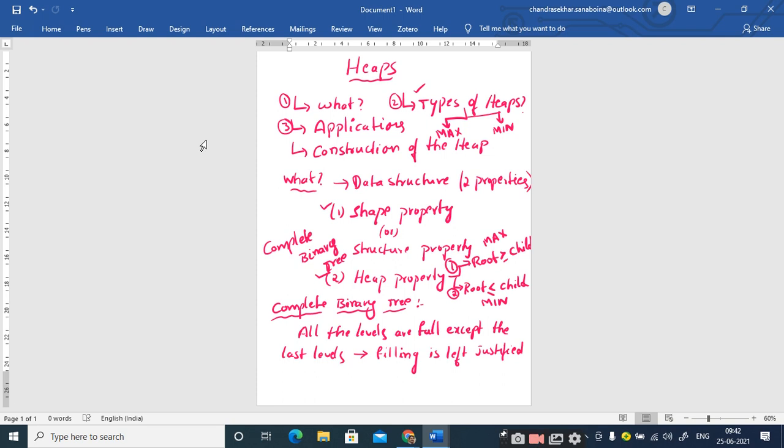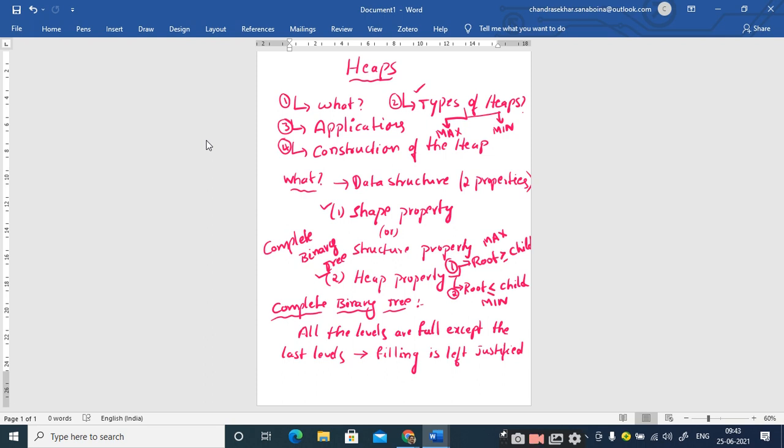And coming to the last part of our discussion, which is the construction of the heap, right? You may be asked questions based on the construction of the heap, like you will be given a list of elements and asked to construct either a max heap or a min heap, right?